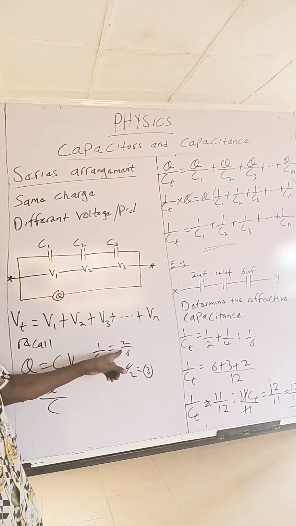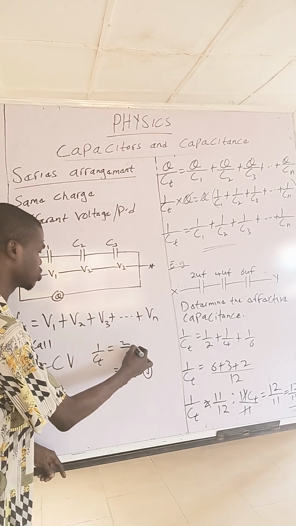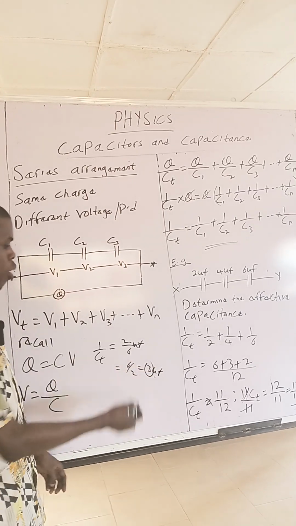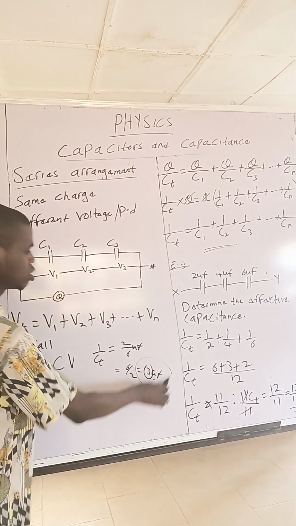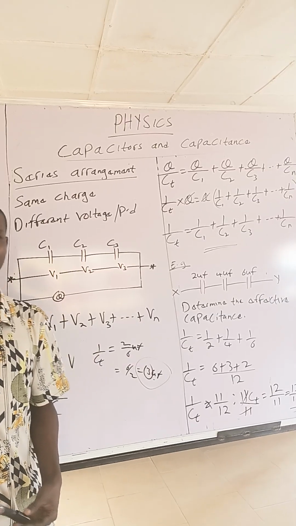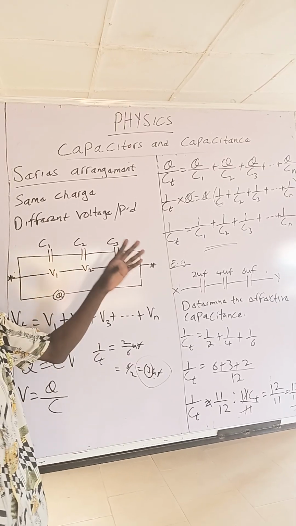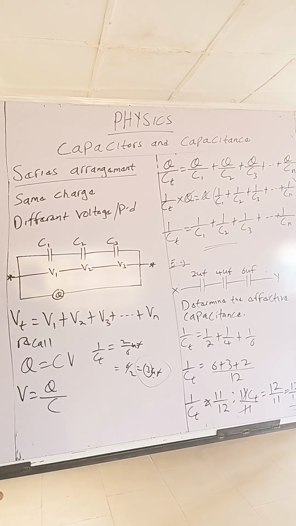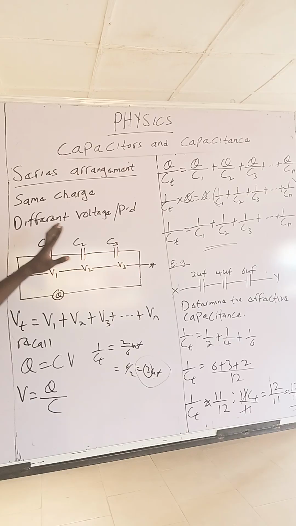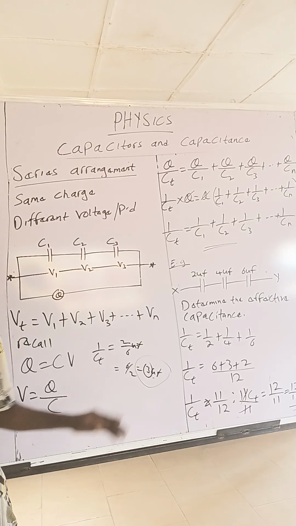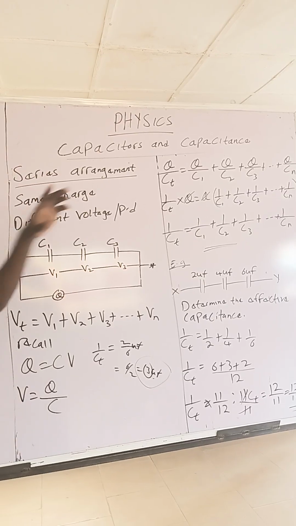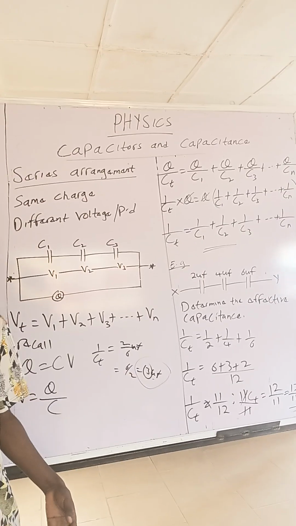So trust me, if you have this in the options, you will definitely have the other one in the options too. But this will have been the correct answer. So I want to believe at this stage we should be able to distinguish when we have a series arrangement of the capacitors and a parallel arrangement.